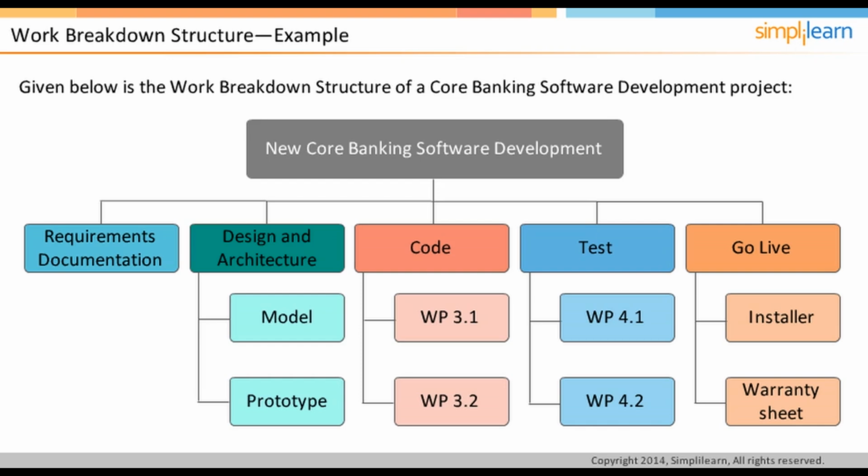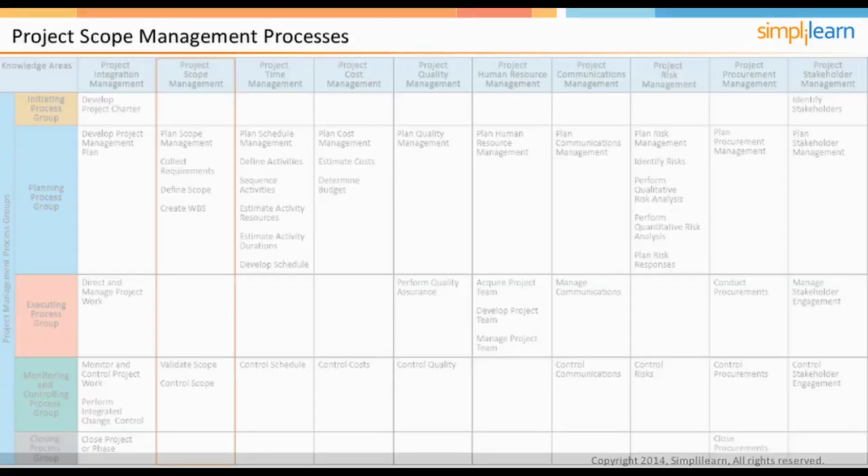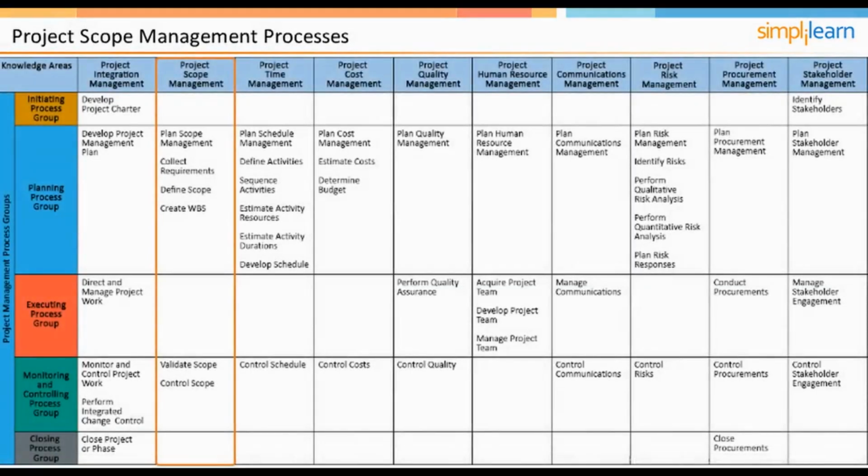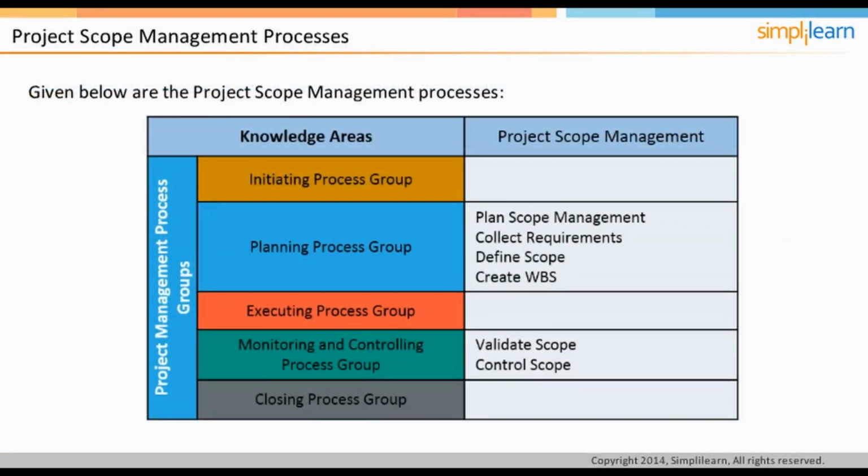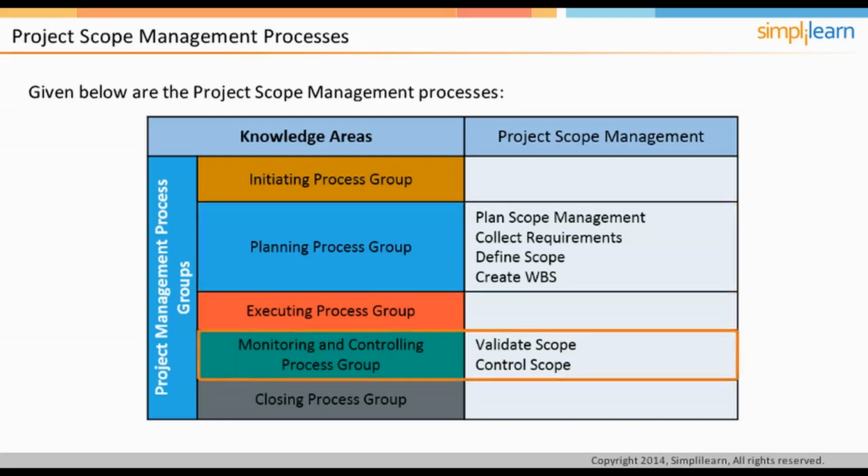In the next screen, let us discuss how project scope management is actually accomplished. There are 6 project management processes, which are part of project scope management knowledge area. These processes are plan scope management, collect requirements, define scope, create WBS, validate scope, and control scope.